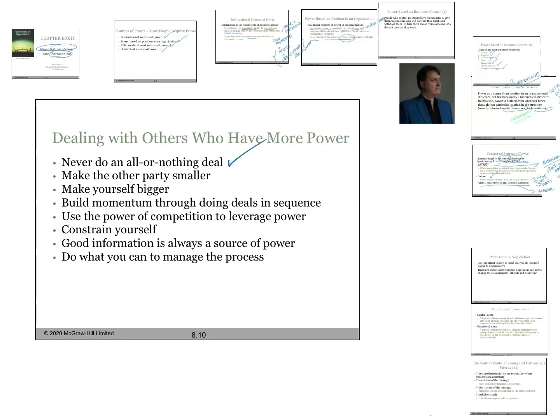This is a situation where you have kind of a make or break deal set up, so that if it doesn't go through, you end up with nothing. This favors the higher power party because they have alternatives, BATNAs, they might be just bigger entities. For example, if you're a small business and you want to sell into a large company like Walmart or Costco, well, they have thousands of products and suppliers, and you're just one small fish in this pond.